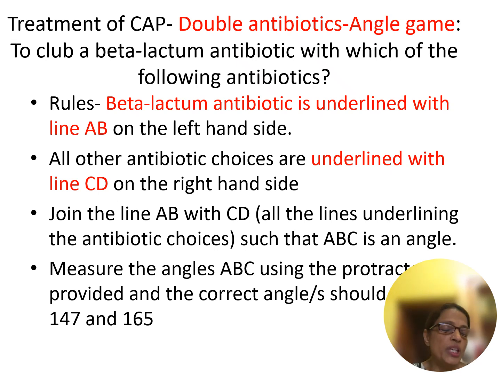Now, one more thing I would like to tell you as a pearl of wisdom is you have to always treat any bacterial LRTI, especially community acquired LRTI, with double antibiotics. Why?